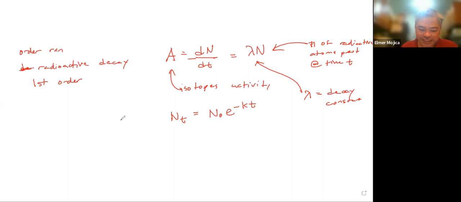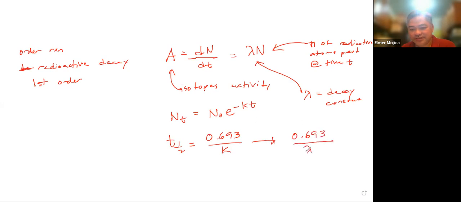And if you're going to look at the half-life, ano yung half-life natin dito? Ano bang half-life ng first order? So usually we have the 0.693 over k, di ba? But if it's a radioactive decay, it's 0.693 over lambda. Now, what can you say about the half-life with regards to the number of the radioactive atoms?